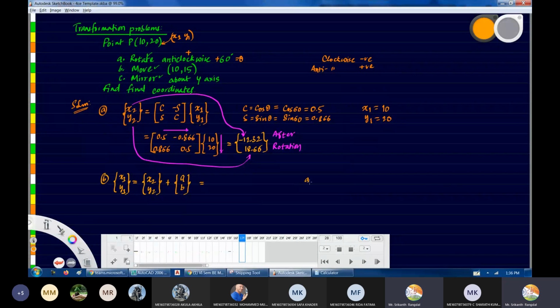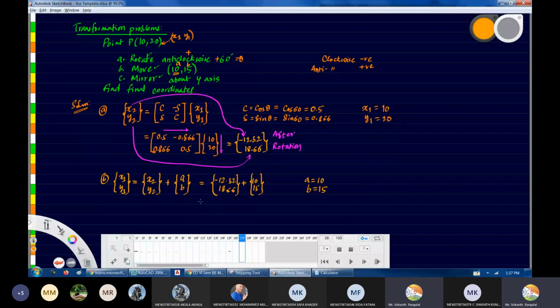So a value is here. This is a, this is b. So a value is 10, b value is 15. Okay, so now substitute them. Take x2, y2, so minus 12.32 and 18.66, and add this with 10 and 15.